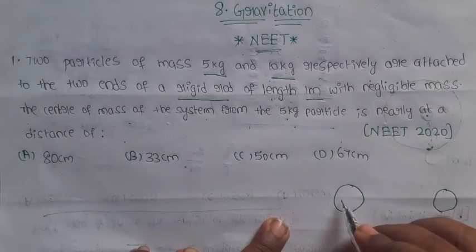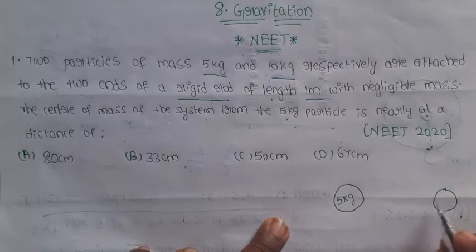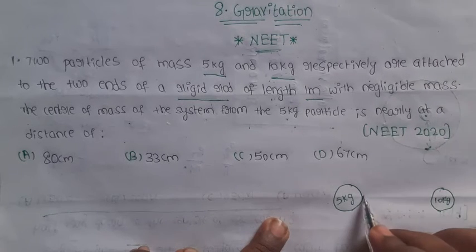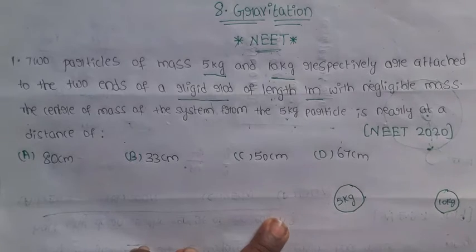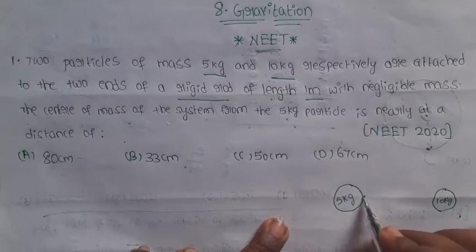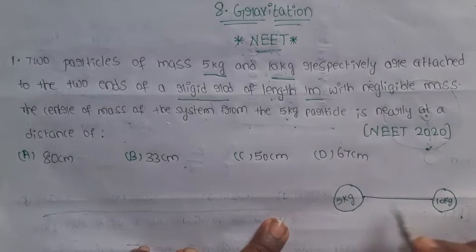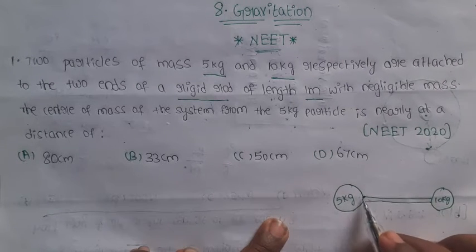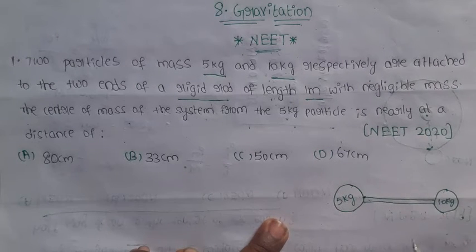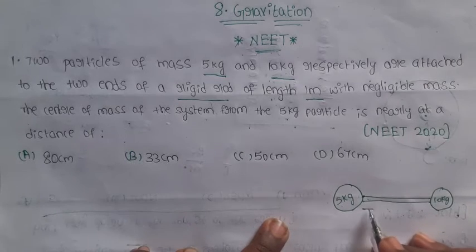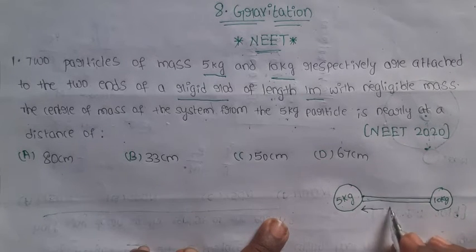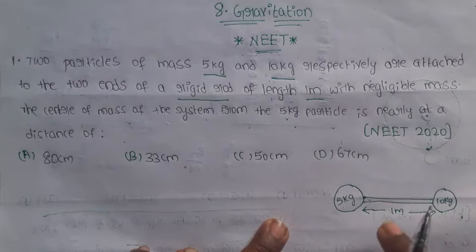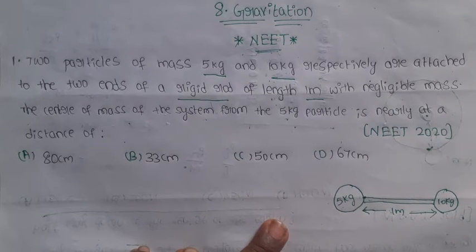One is 5 kg, another one is 10 kg. These two particles are attached to a rigid rod at two ends. So this is a rigid rod. We are attaching 5 kg and 10 kg particles to the ends of the rigid rod. So the length of the rigid rod is 1 meter. The rod has negligible mass.